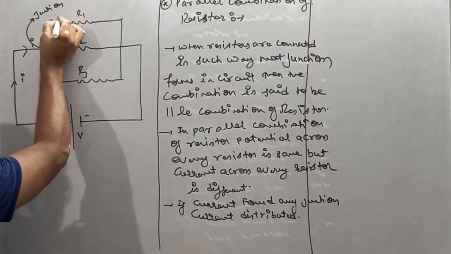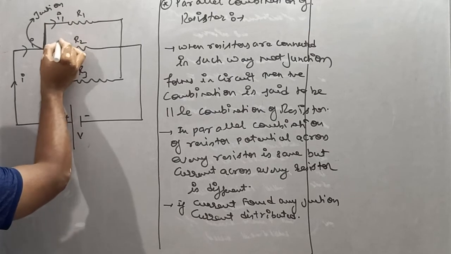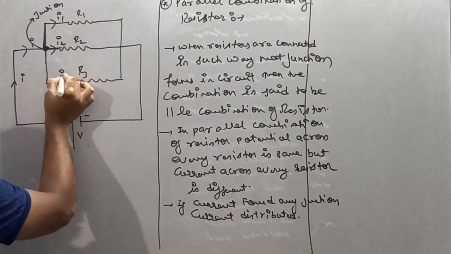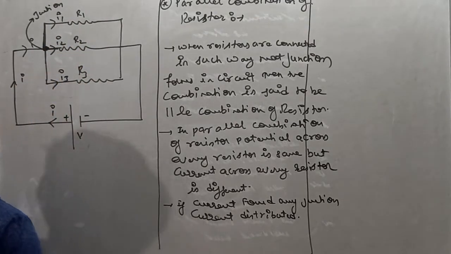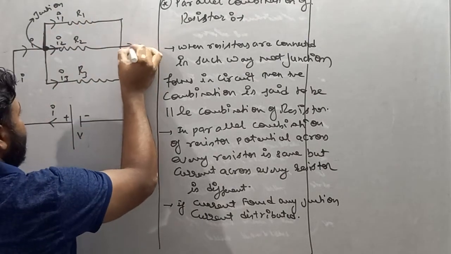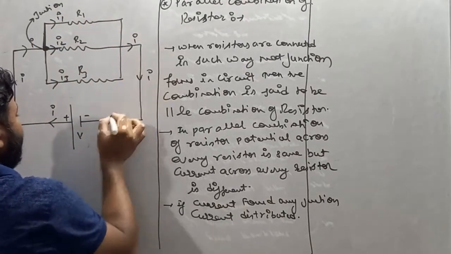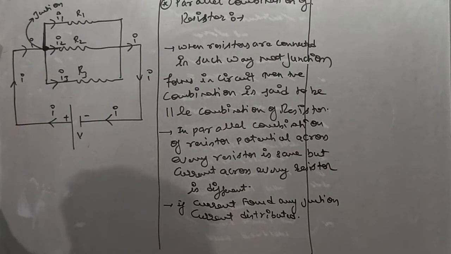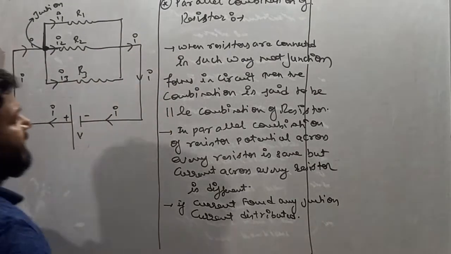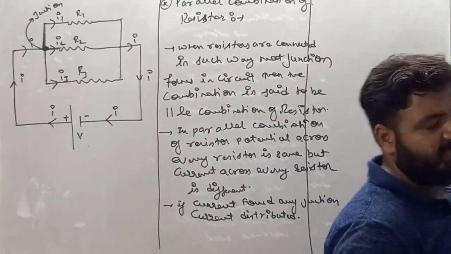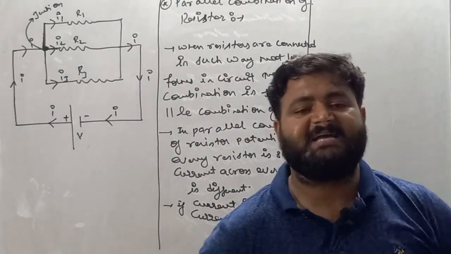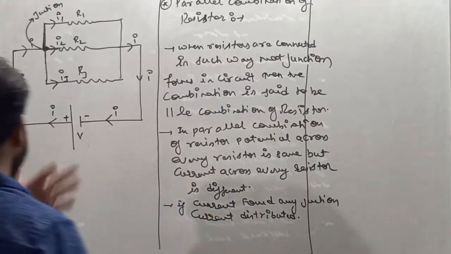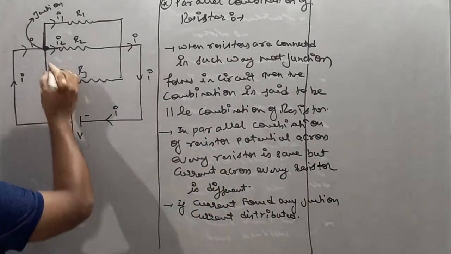Let's suppose in R1 the current is I1, in R2 the current is I2, and in R3 the current is I3. Again, we know that the amount of current coming out of the battery is always equal to the amount of current going towards the battery, because current is the flow of charge and charge is always conserved.